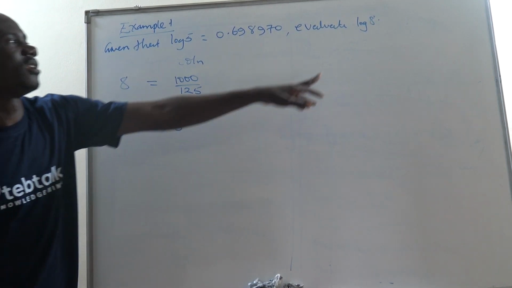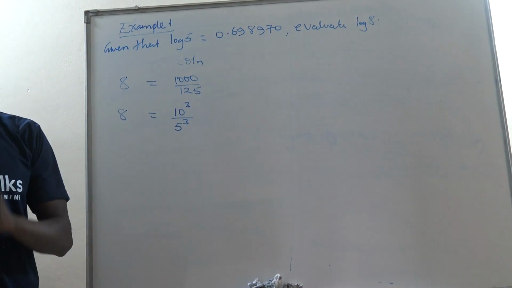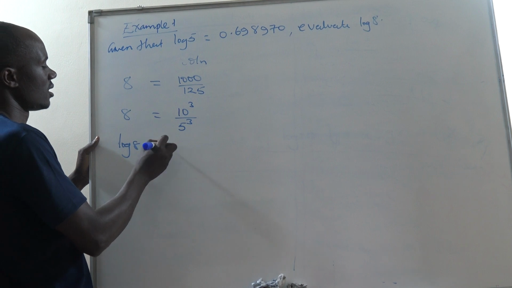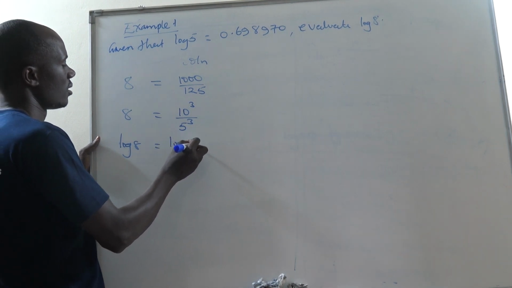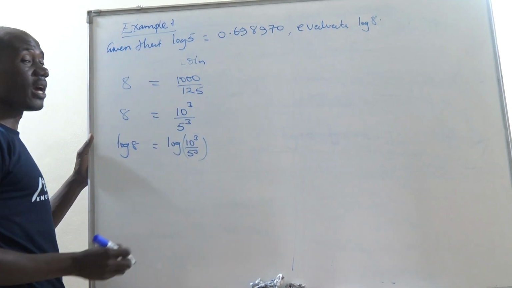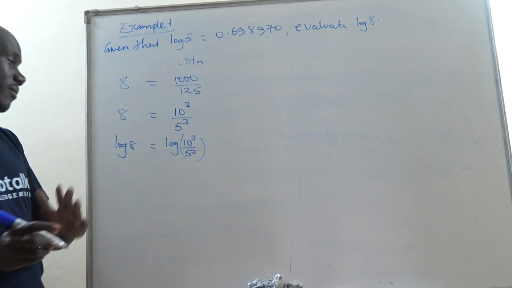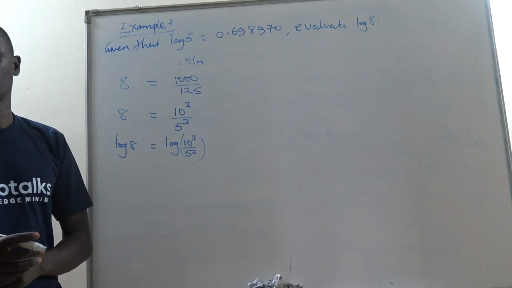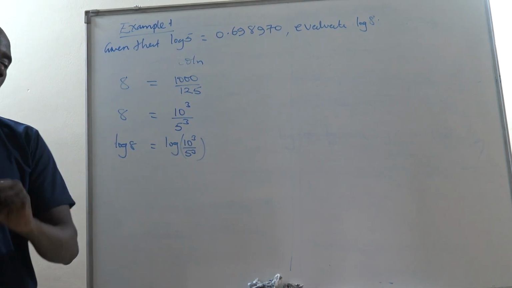But I was given log, so I also introduce log on both sides. I will say log of 8 equals log of 10 power 3 over 5 power 3. Then we apply our rules which we have already looked at. When we are dividing in logarithms, we subtract.